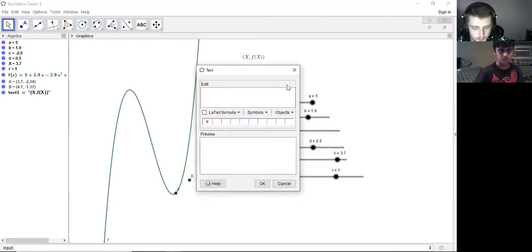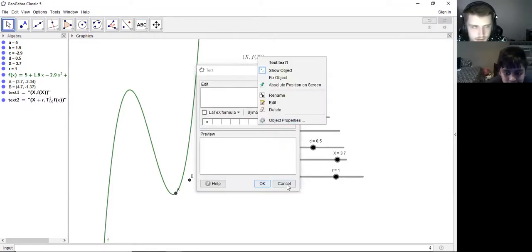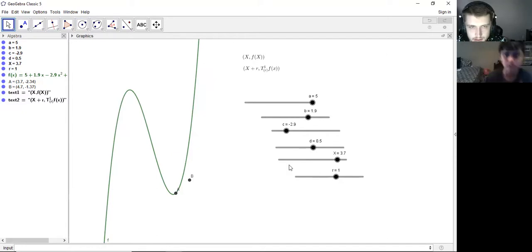And then we have the point big X plus R comma T upper 1 lowercase, in parentheses an R, of f evaluated at X. Let's make these a little bit bigger because I want you to be able to see these formulas on the same screen. All right.